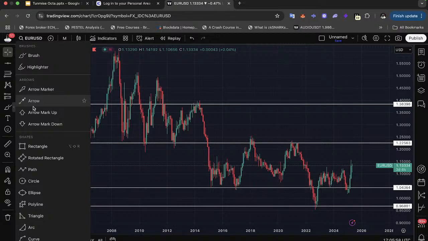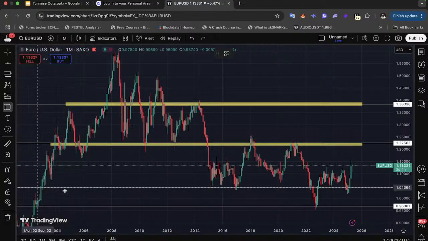Right, here we go. Okay, so I believe you can see how I am mapping out those levels.